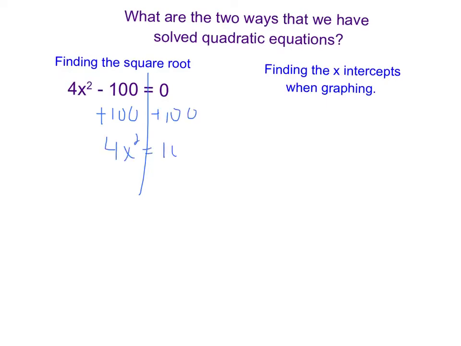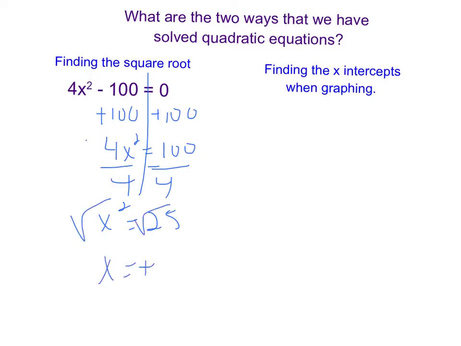4x squared equals 100, divide by 4, x squared equals 25. Take the square root of both sides, x equals positive or negative 5. When can't you do this? Well, if there was an x term, if it was really something like ax squared plus bx plus c equals 0, if we have this term, we can't isolate the x squared and have that as our only variable.